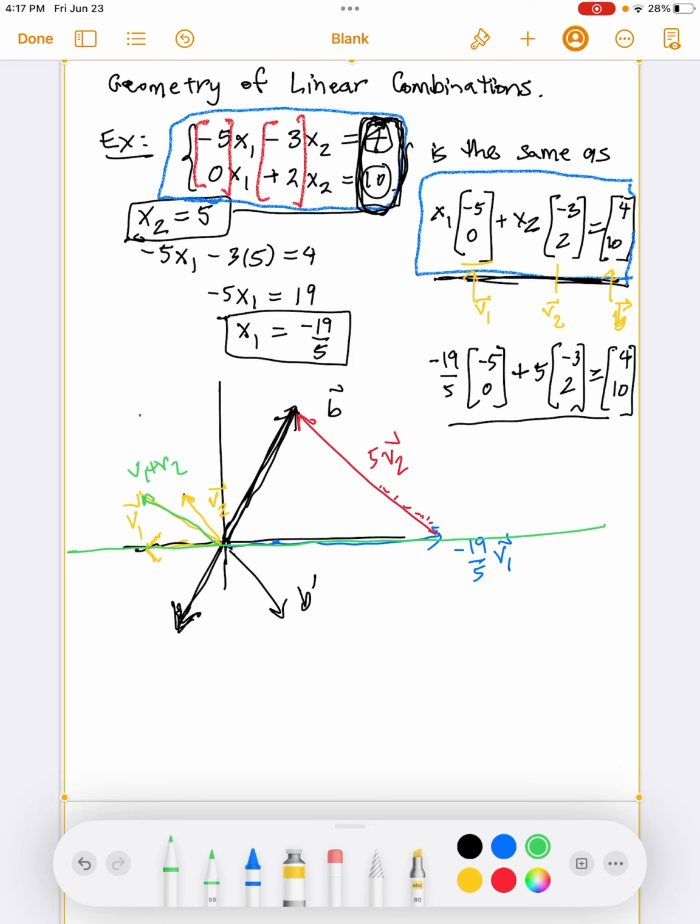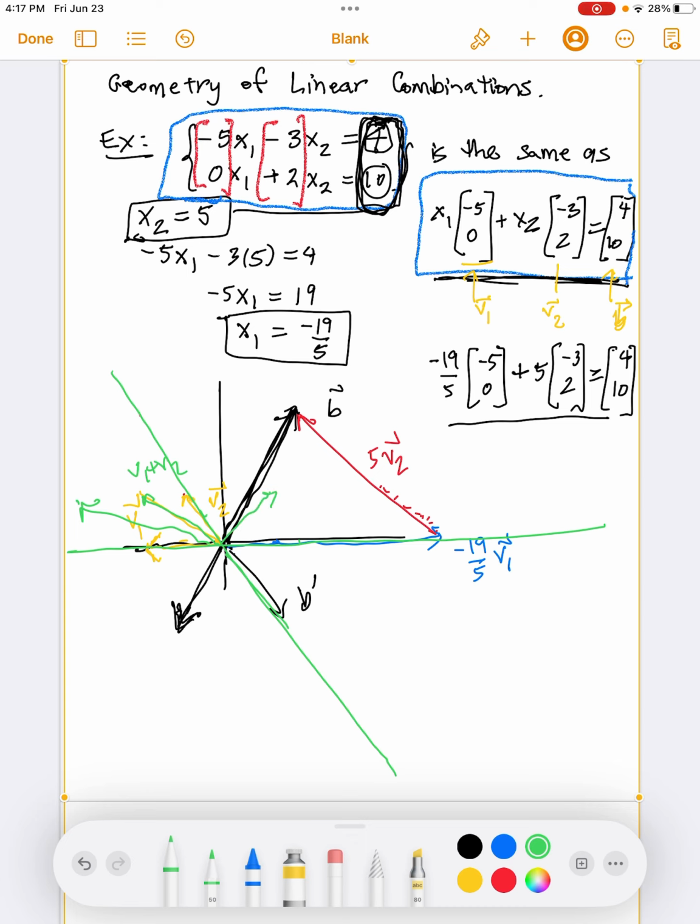And if you take all the scalar multiples of v2, you're going to get the whole line that goes through v2. If you take 2v1 plus v2, you're going to get this vector. And if you take v2 minus v1, so that's negative v1 plus v2, you're probably going to get a vector like this.